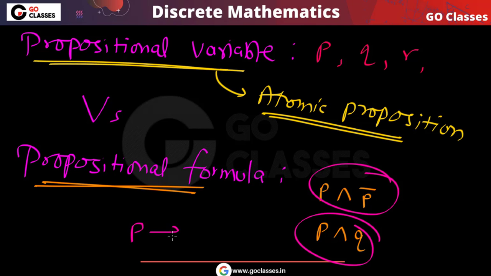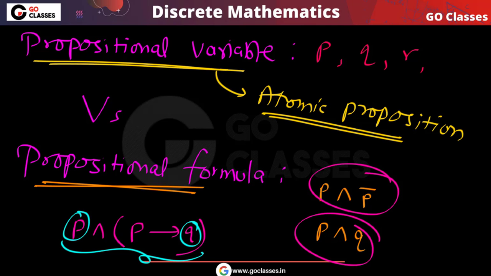For example, this is a propositional formula, and its truth value will depend on the truth value of p and q. These p and q are the atomic propositions, or I can say they are the propositional variables.